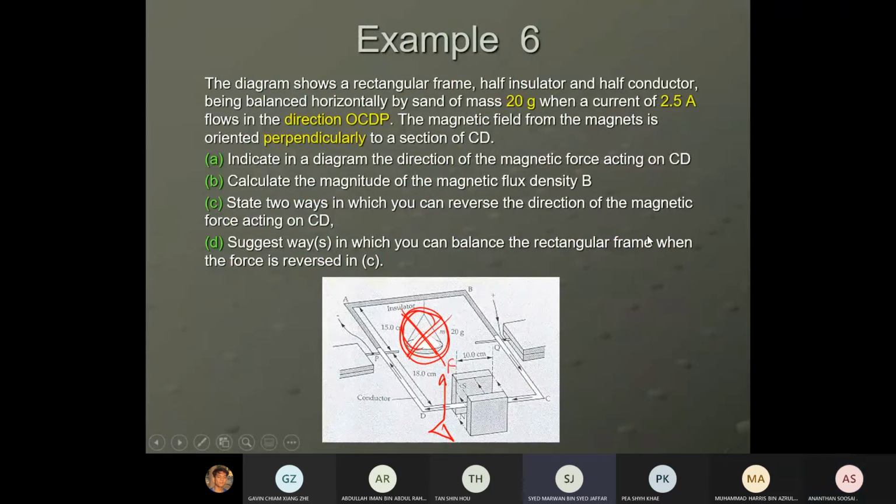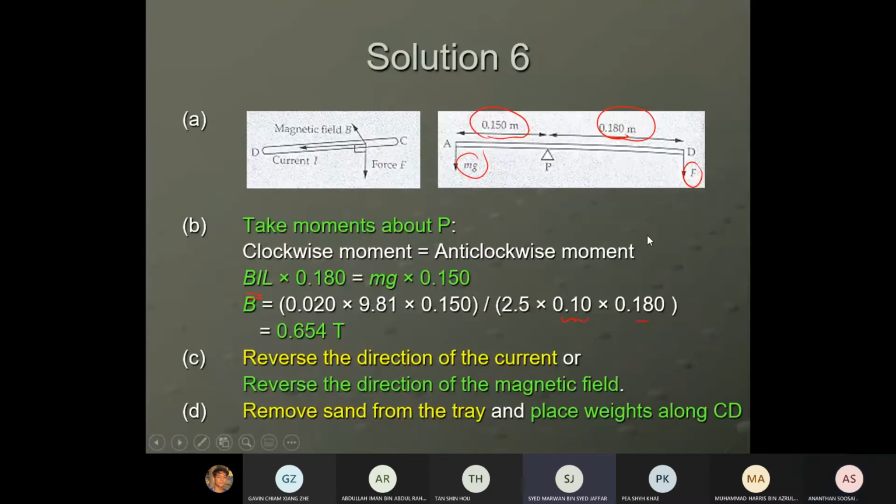Why do we need that in the force? Because we're using moments, right? The magnetic force is the F, right? So the magnetic force formula is what? BIL. I see. So one side is the formula, and the other side is using moment. Weight, mg. Okay.